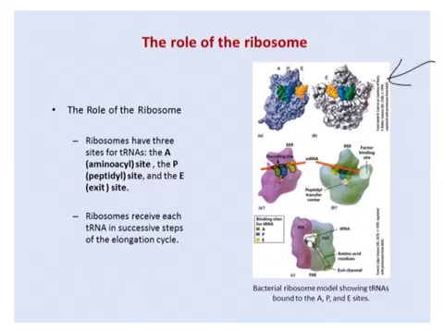So the structure of the final ribosomal complex is modeled here. Some important features of ribosomes are that they have 3 binding sites for tRNAs, designated the A, P, and E site. You can see in this particular diagram where those sites would be. The A stands for aminoacyl site, the P, the peptidyl site, and the E, the exit site.